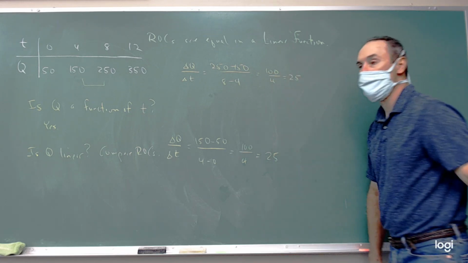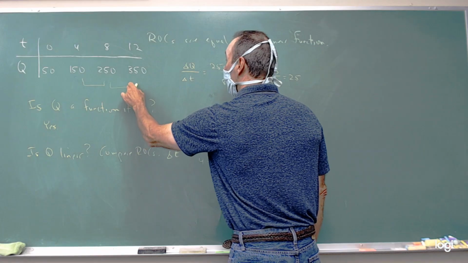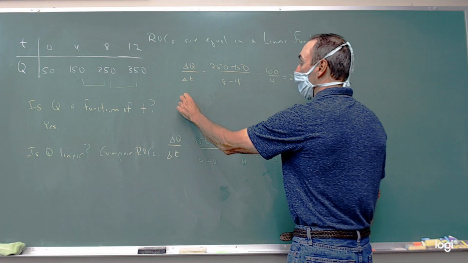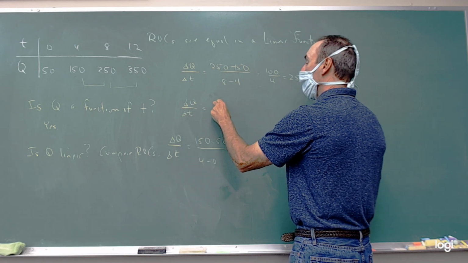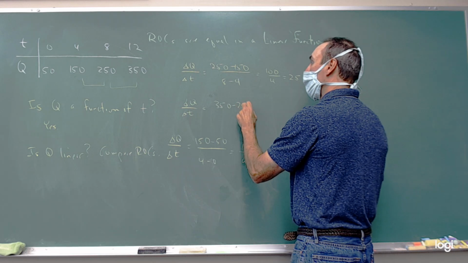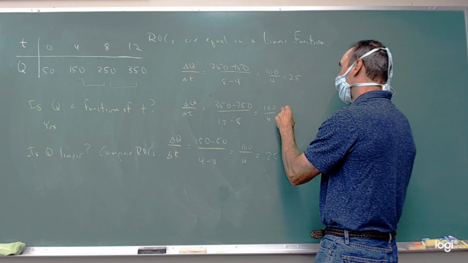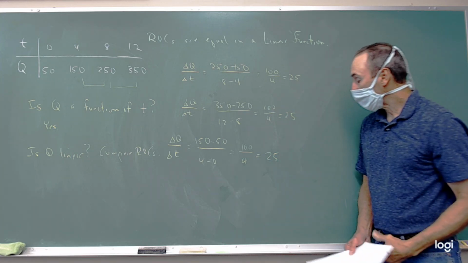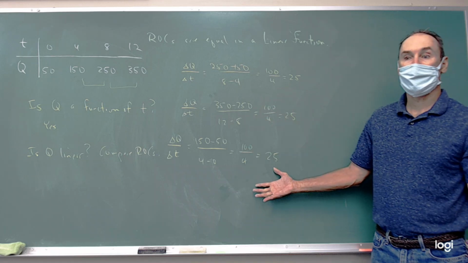And maybe let's just do one more to be convinced. So if we pick out, say, these two and get a delta Q over a delta T of 350 minus 250 over 12 minus 8, again, 100 over 4, again, 25. So then this is like our litmus test for whether this is linear or not.